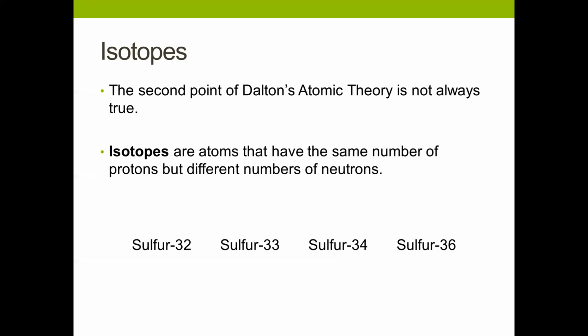So for example, I have sulfur here. Sulfur has 4 different isotopes that it could possibly have: sulfur 32, sulfur 33, sulfur 34, sulfur 36. The number here is the mass number. This is just a notation of how you could show that it's an isotope, and whatever the number is with this, that would be the mass number of that isotope.